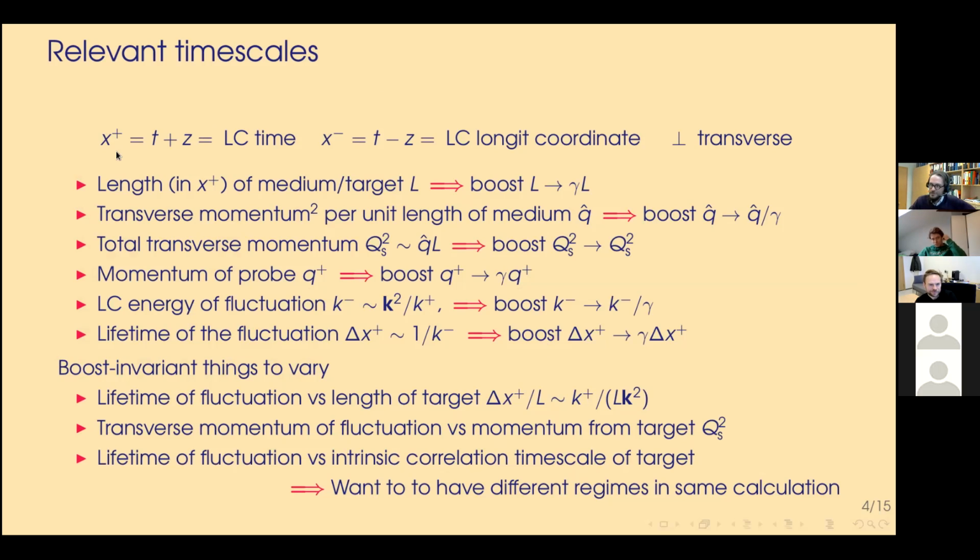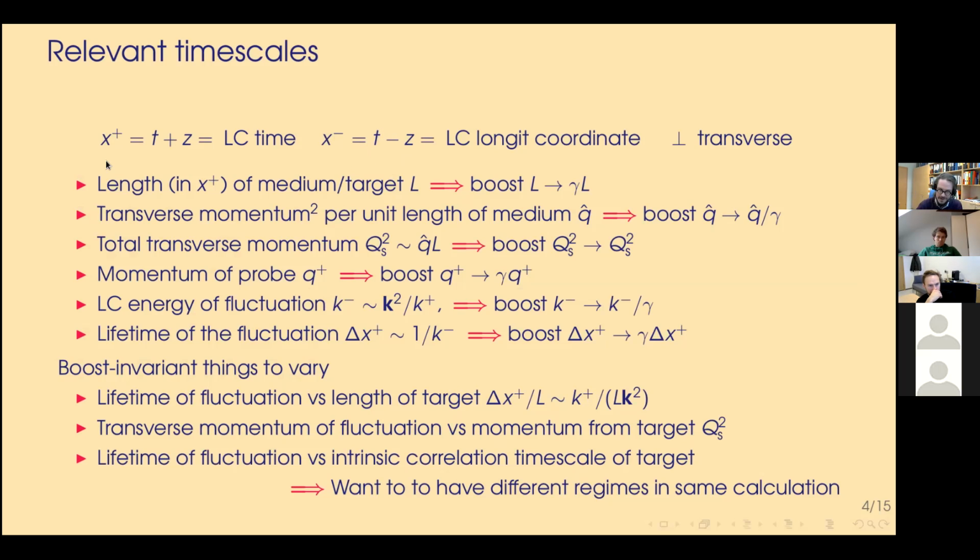The coordinates are x plus, which I will consistently call time. This is the light cone time. This is the trajectory of a particle going at the speed of light in the positive z direction. The other combination of time and z coordinate is x minus, which is a longitudinal light cone coordinate.